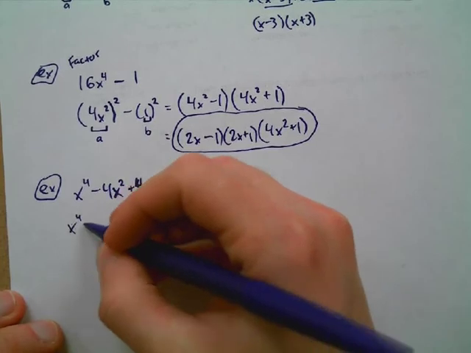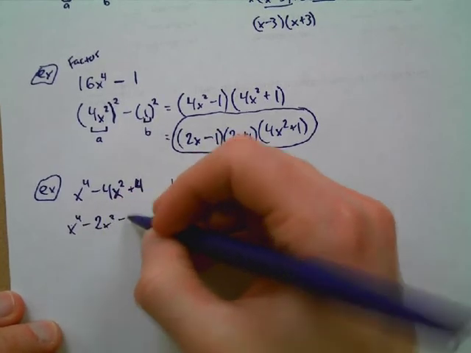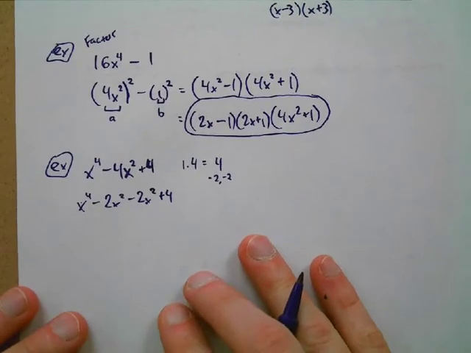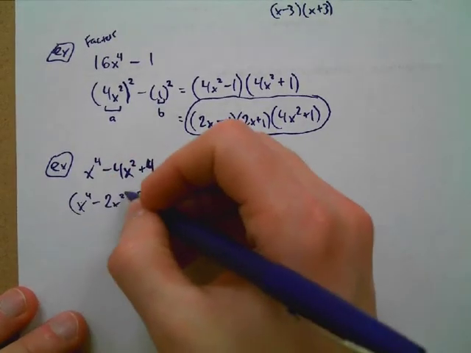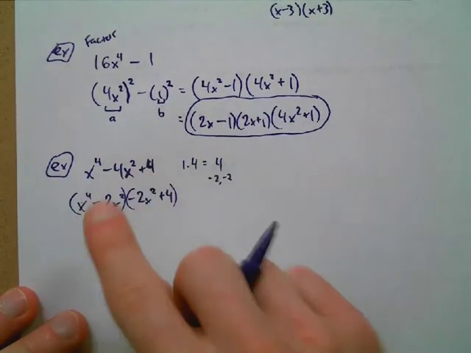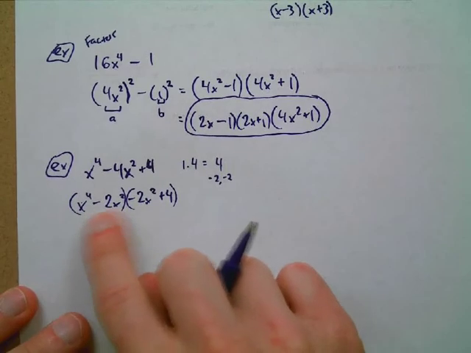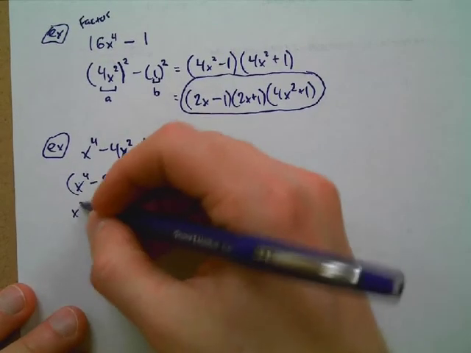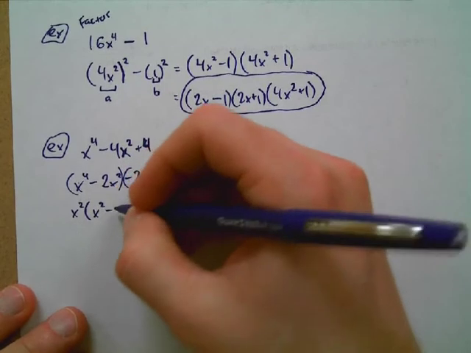Okay, so we'll break up that middle term. So it'll be minus 2x squared minus 2x squared plus the 4. Group the first 2, group the second 2. From that first group, what can we take out? An x squared. And we'll be left with x squared minus 2.